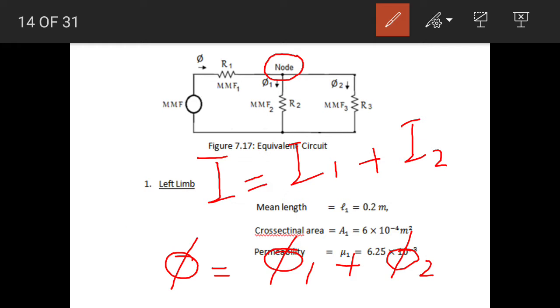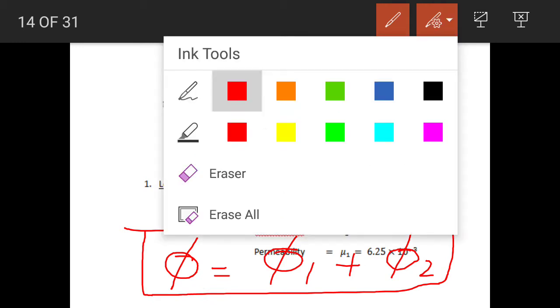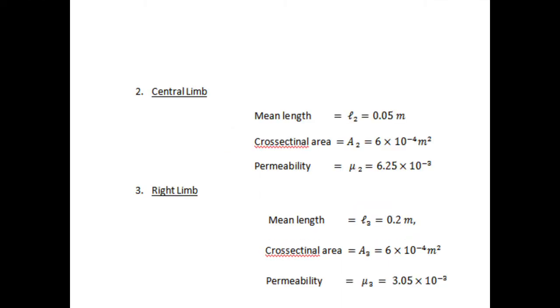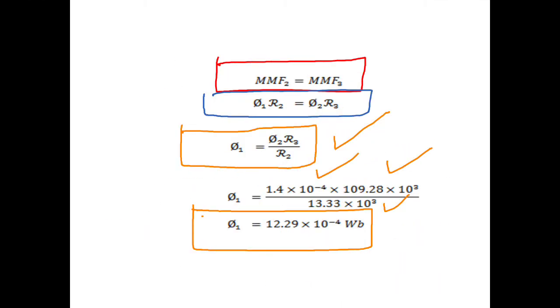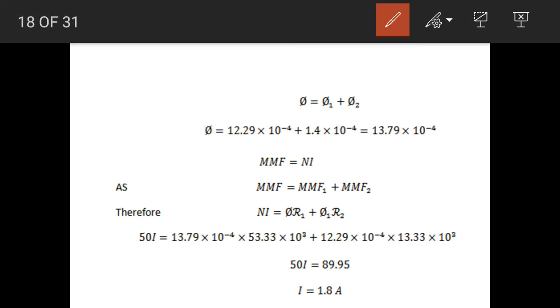So we can calculate the total magnetic flux with the help of this particular equation. So let us calculate the total magnetic flux in this parallel magnetic circuit. Why? Because we know phi 1 and we know phi 2. So we know that the total magnetic flux will be equal to phi 1 plus phi 2.